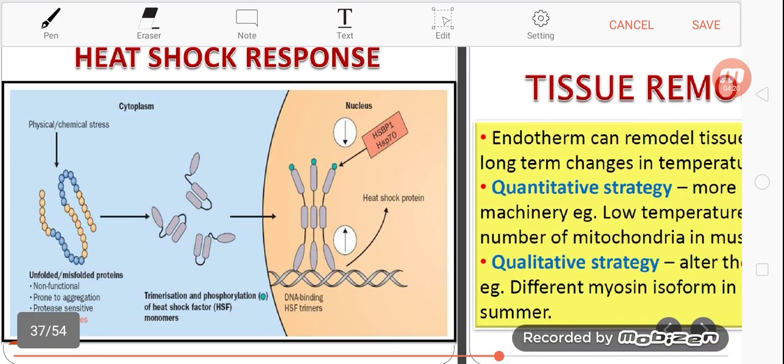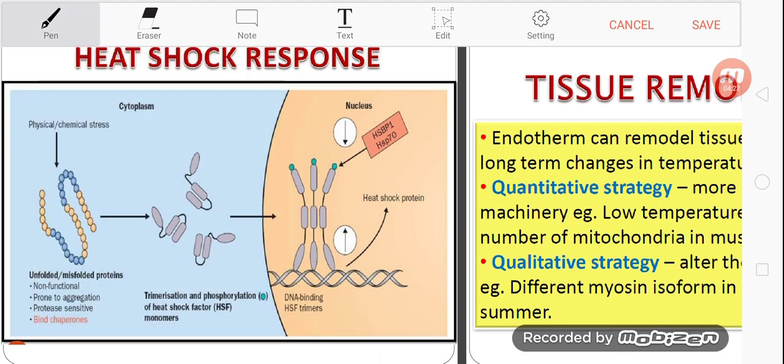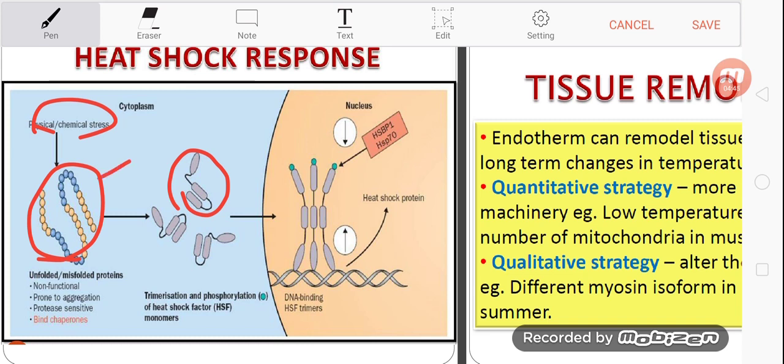What happens when temperature is high? When temperature is high, through physical or chemical stress, the protein is denatured. Accumulation of this can cause a damaging effect to the cell. When denatured protein is present, the HSF monomer, heat shock factor, acts like a stimulus.